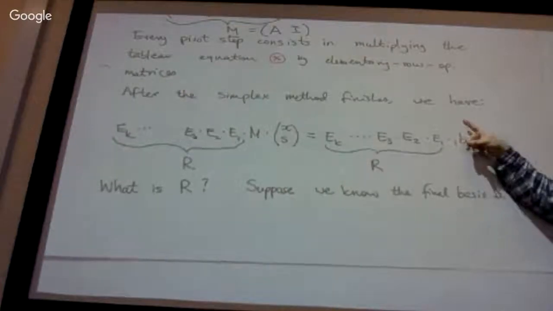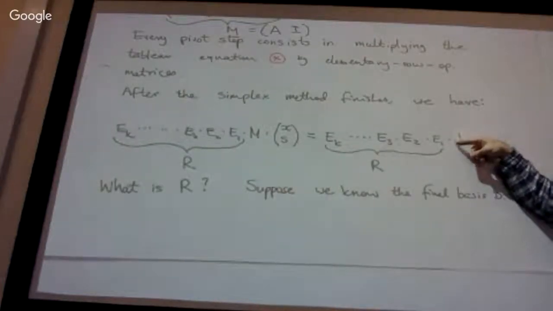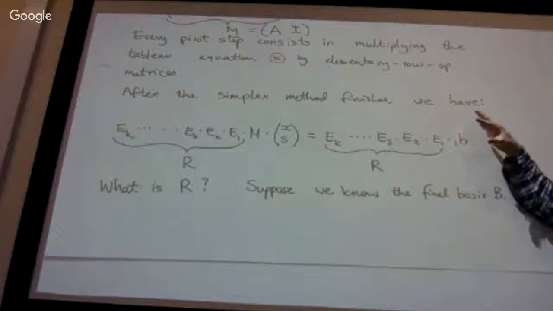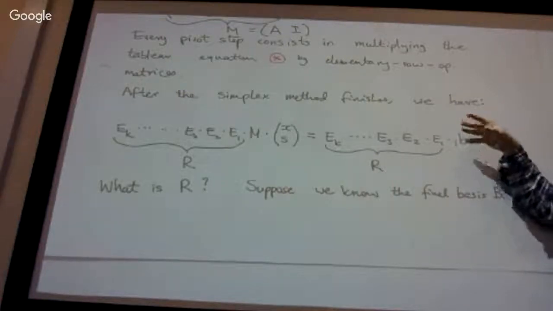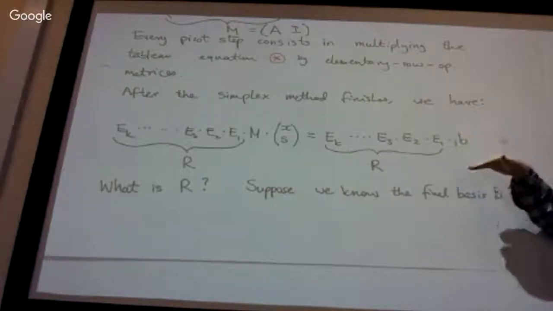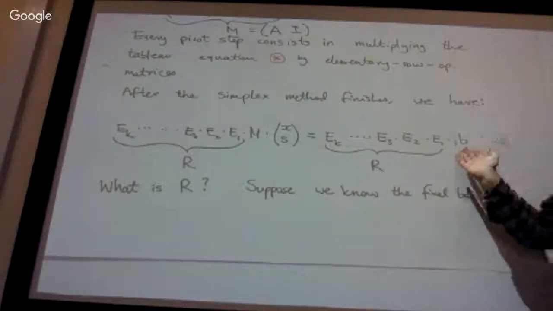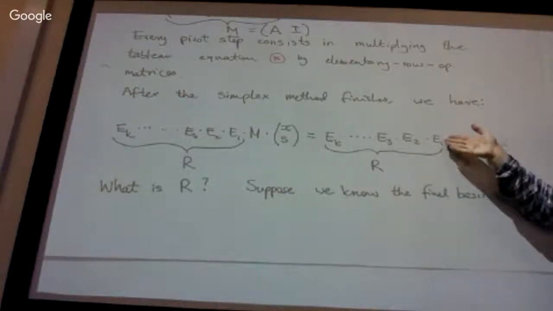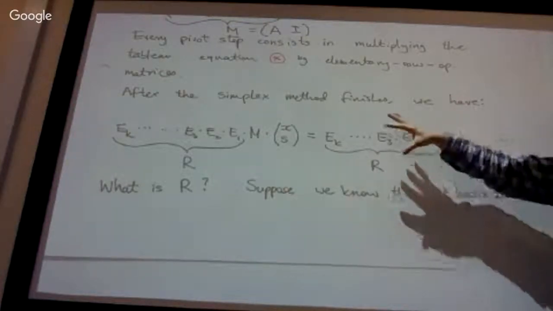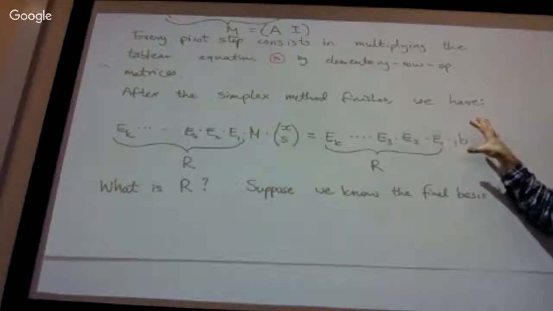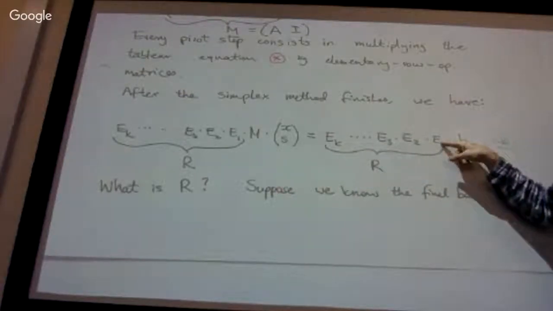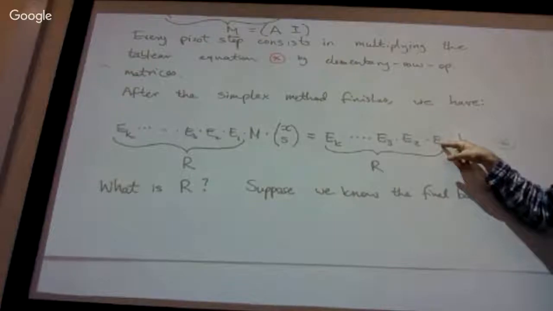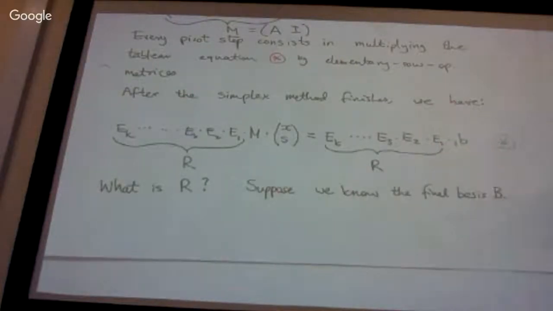And then we were doing some elementary row operations. Does that ring a bell? Kind of, yeah? So we expressed each of these row operations as multiplying the whole system with a matrix from the left. And we have these matrices.